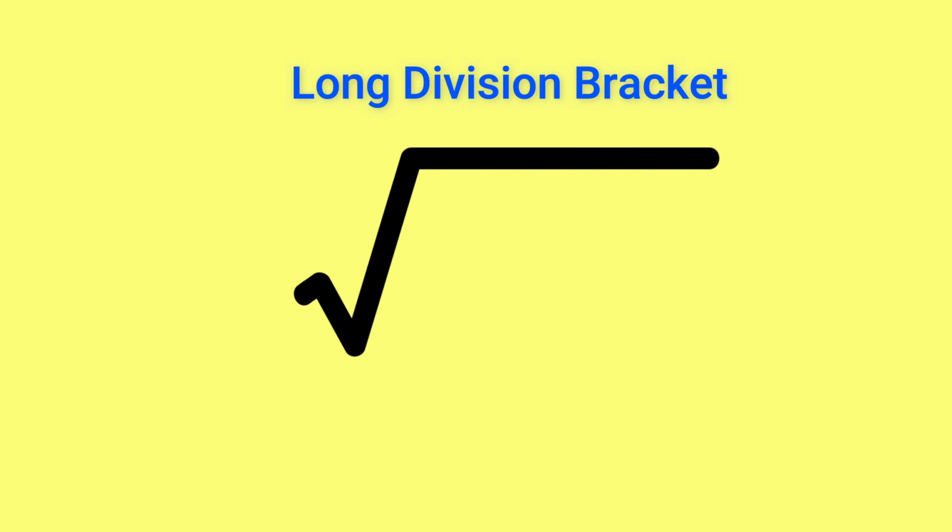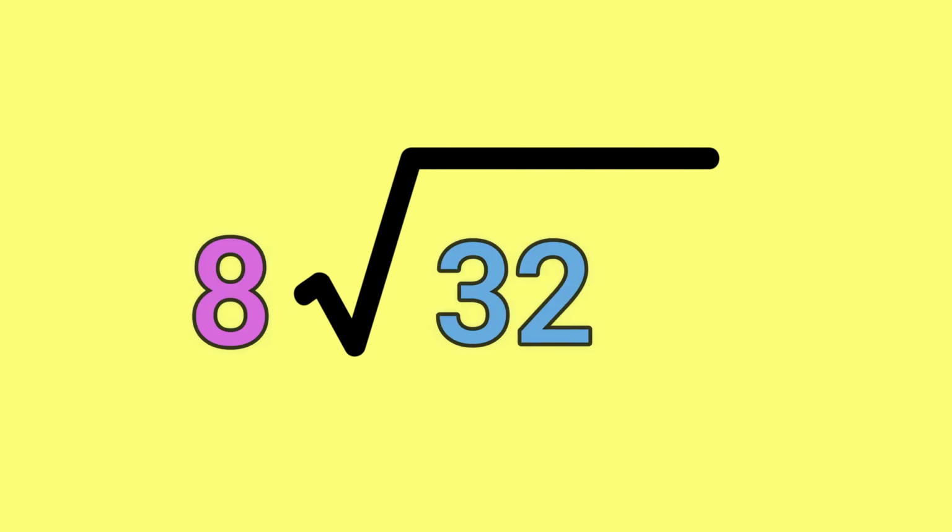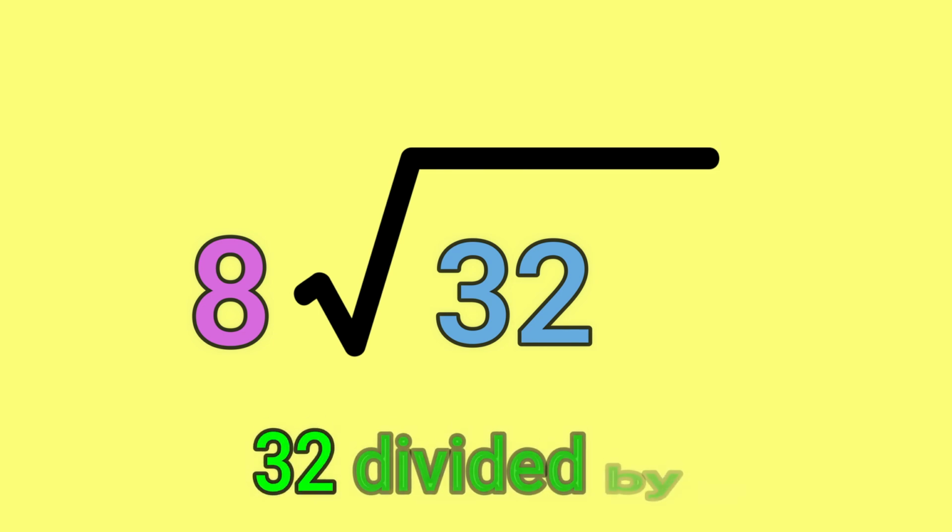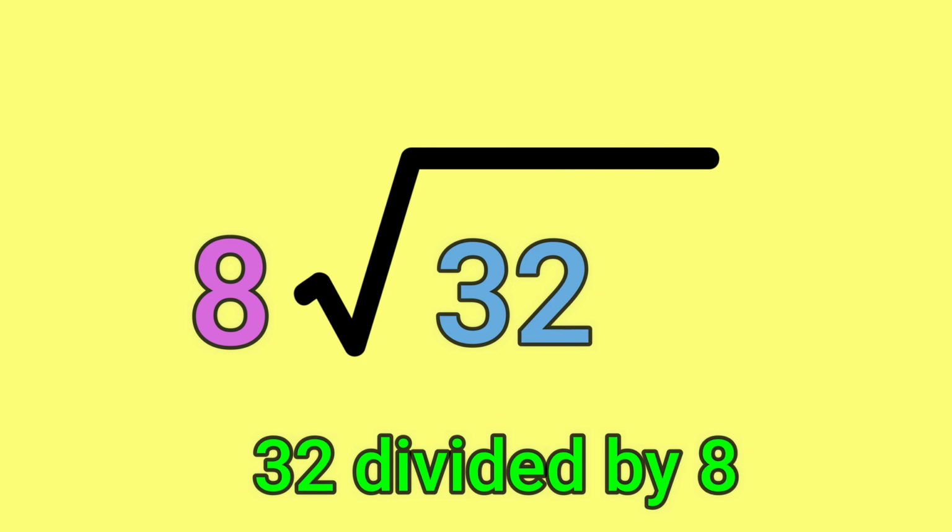Another way that division problems can be shown is by something called a long division symbol, sometimes referred to as a long division bracket. Long division problems look a bit different than the other ones, and we must approach them by first reading the number within the division bracket. This problem reads 32 divided by 8.